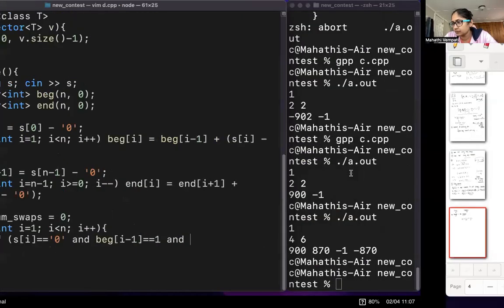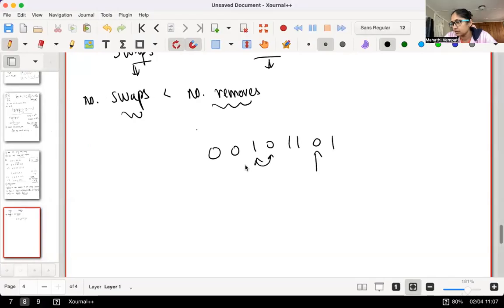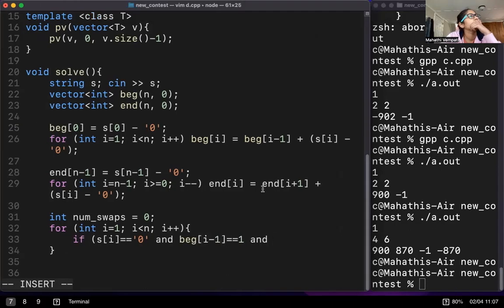And like in this case. No, that doesn't work.